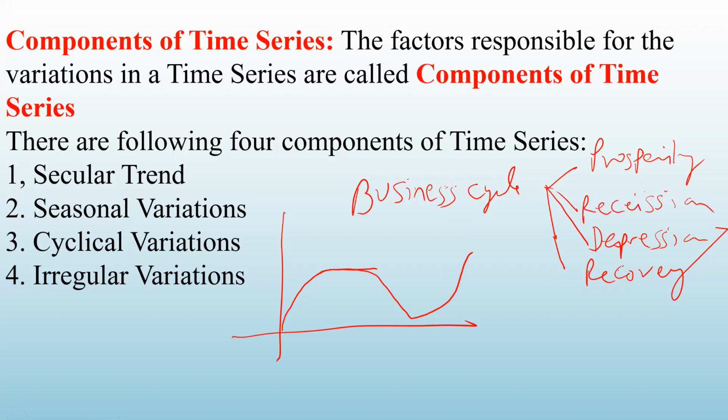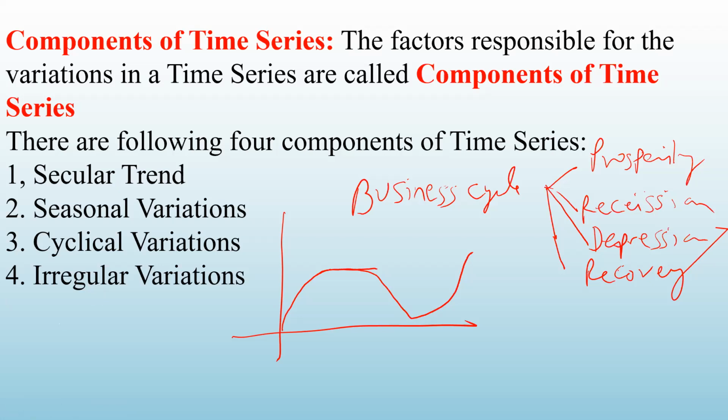What does this mean? You cannot predict that there will be a flood tomorrow, or a cyclone or storm. There can be natural calamities due to which the values in the time series may be affected. If suddenly there is a flood or tsunami, it may affect the sale of a particular product.